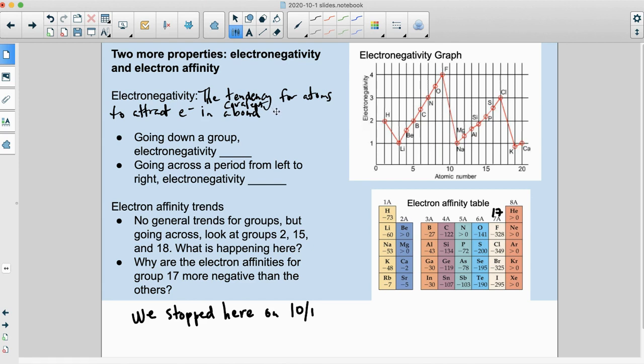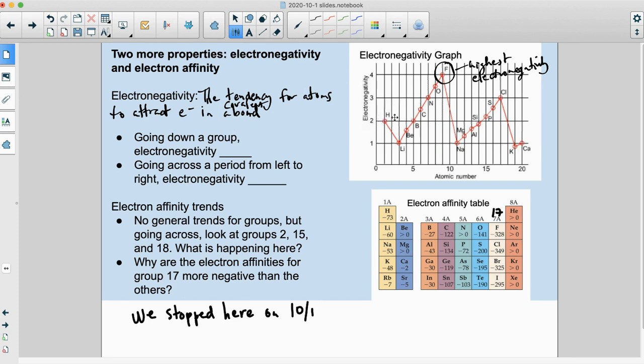Our highest electronegativity, fluorine, is extremely greedy and does not ever want to give up electrons. It likes to take electrons and hold on to them. So it has the highest electronegativity when in a covalent bond.